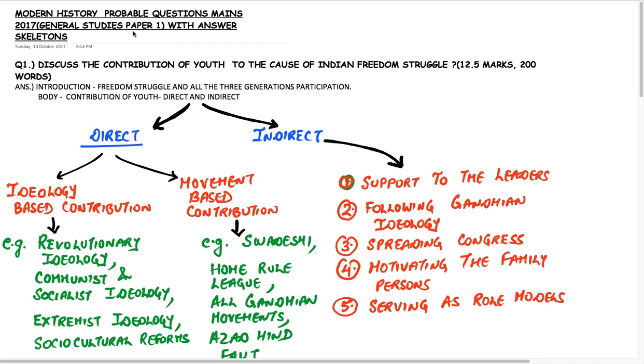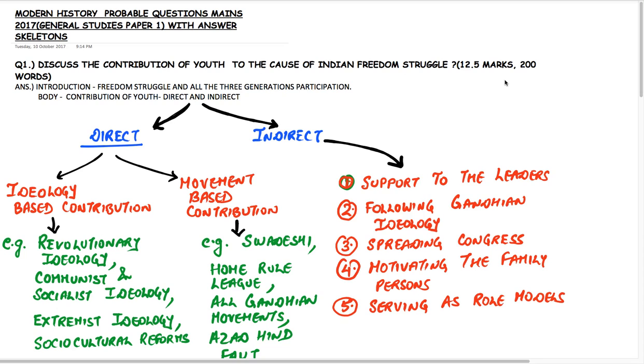So before beginning with the probable questions and the answer skeletons, let me tell you that modern India or Indian freedom struggle is of very crucial importance for UPSC aspirants, as around 5 to 6 questions in GS paper 1, each carrying 12.5 marks, come from this section. So around 50 to 60 marks questions are from this section.